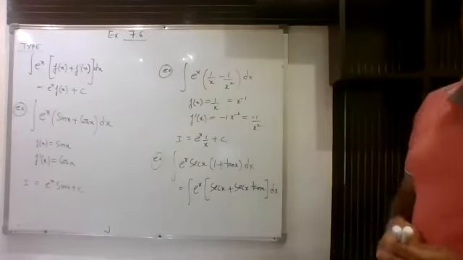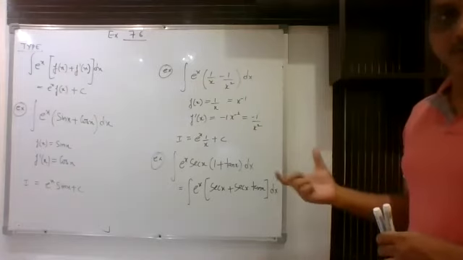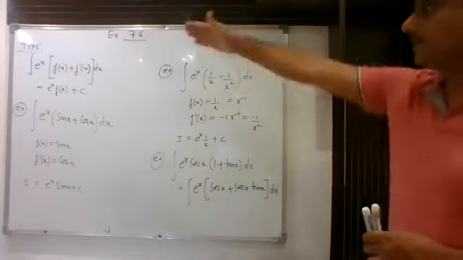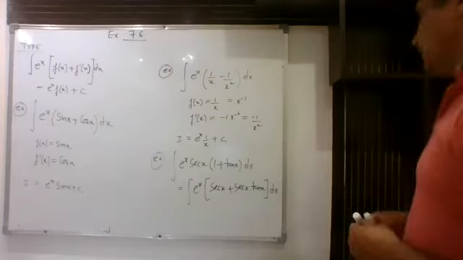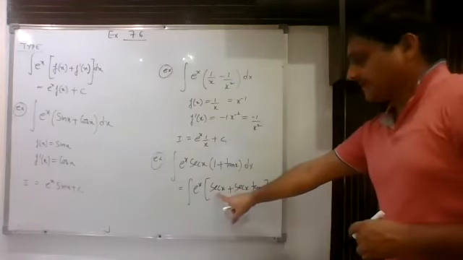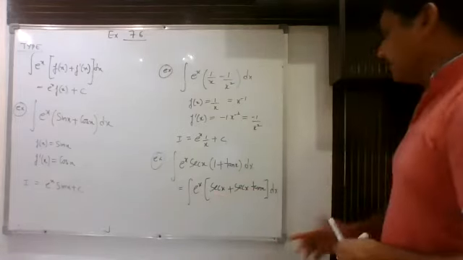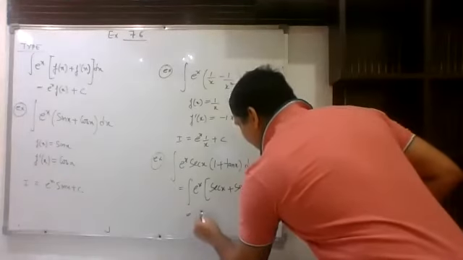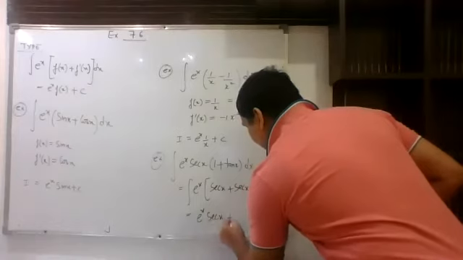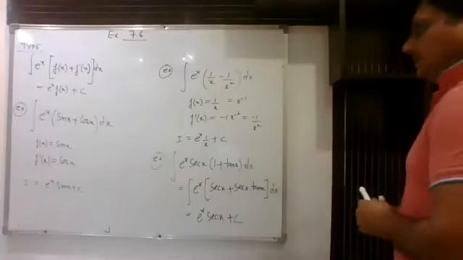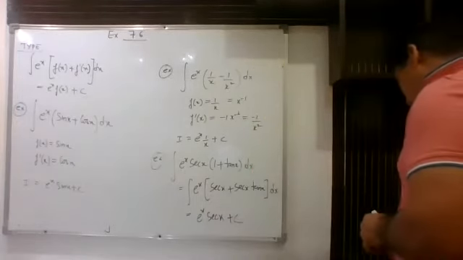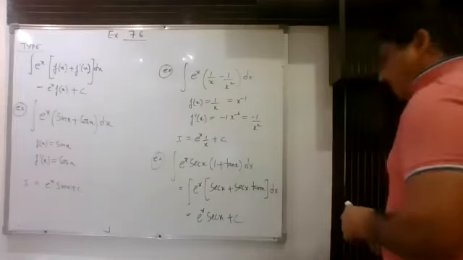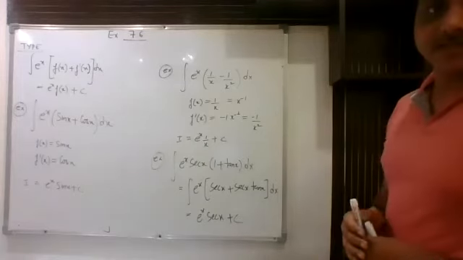Now again, you have to just identify what is your f(x) and what is your f'(x), so that we can apply that form. So if you treat sec x as f(x), this will be its derivative. Straight away, for one marker, we can write the answer. This is how you can do questions of this type.